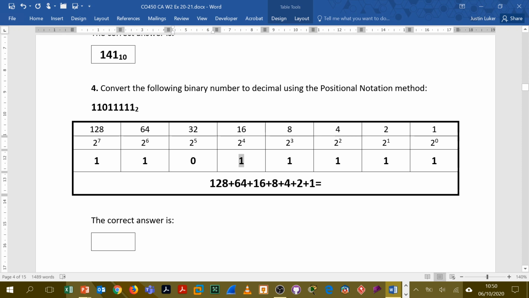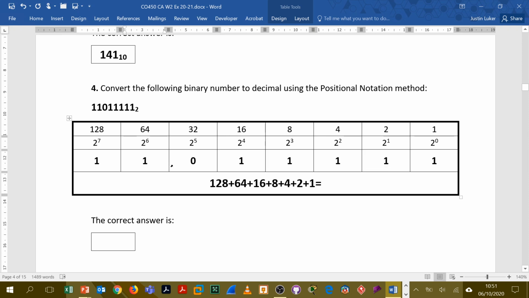So were we to do this, we would add that up. We could do it, so let's do it. 16 plus 8 will give us 24, plus 4 gives us 28, plus 2 would give us 30, and plus 1 would give us 31. But I didn't need to do that because they're all contiguous from right to left, so I know it's one less. So we have 31 here.